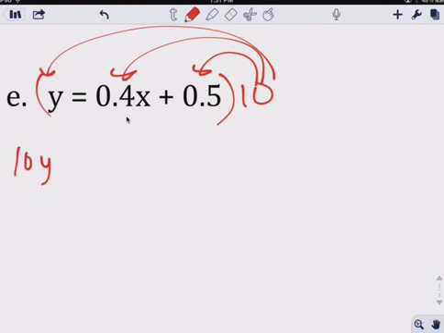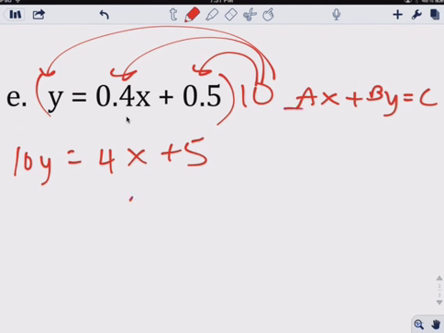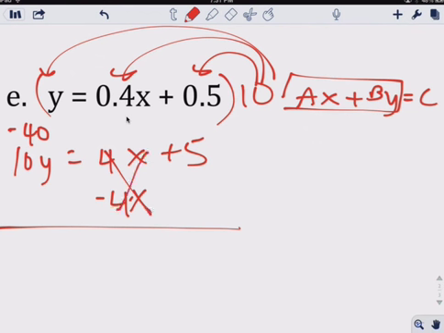You get 10y equals 4x plus 5. Oh no! Wrong number. Remember, it's ax plus by equals c. So these two are together. So this is in the wrong spot. So you need minus 4x, minus 4x. Oh, what am I doing?